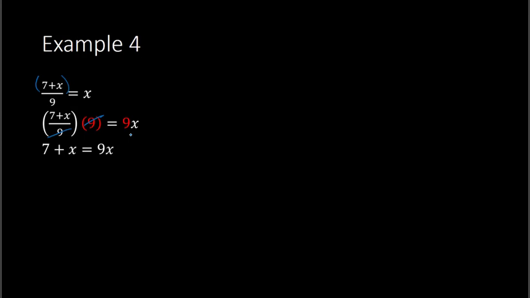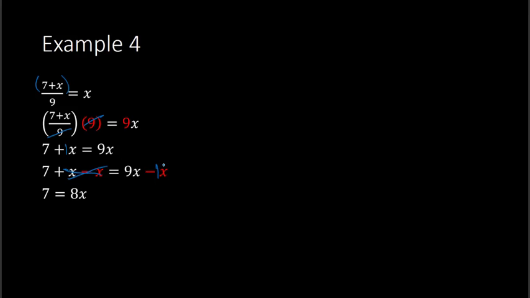So now I can actually bring the x over to where it needs to be. So let's bring this 1x over to the right side with the 9x. To do that, I can subtract x, which is the opposite of adding, because x minus x will cancel. That gives me 0 x's, so that's gone on the left. And on the left I have 7 remaining, and on the right I have 9 x's minus 1x, which gives me 8 x's.